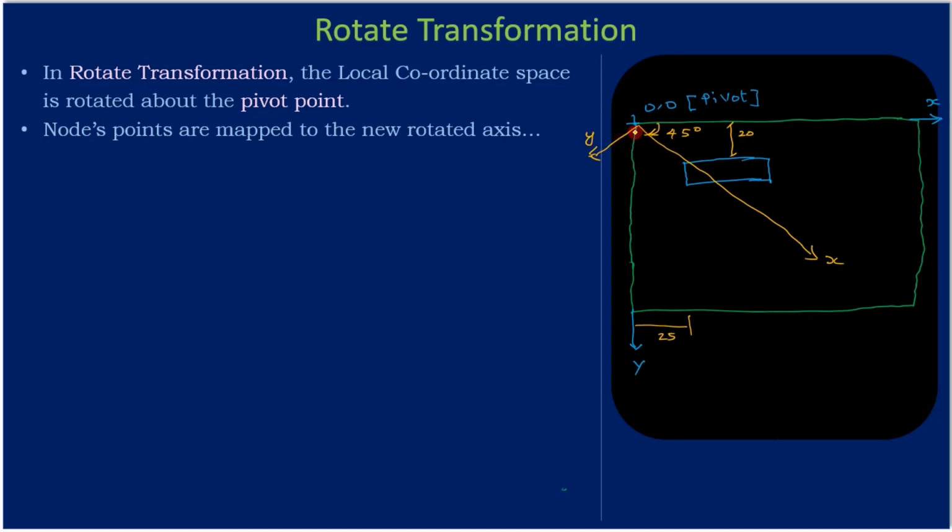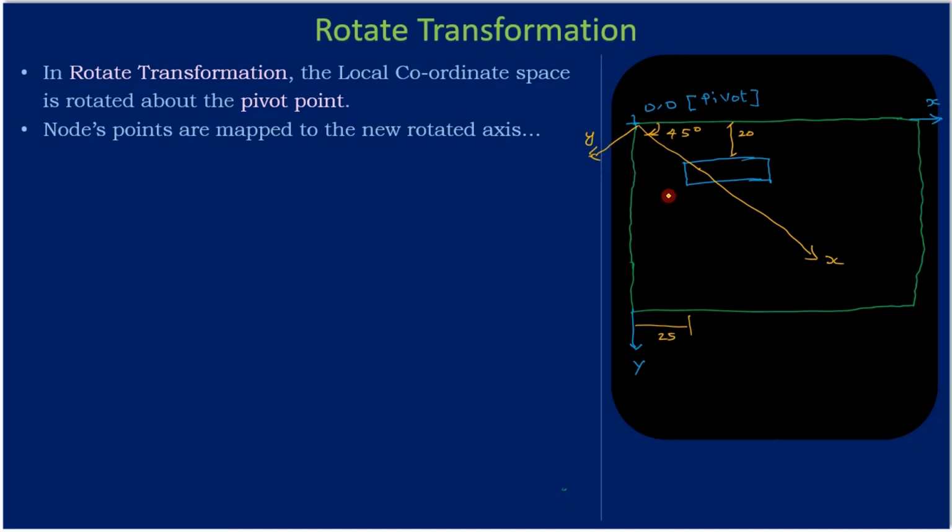coordinate space. Here you see the coordinate is rotated, then X 25, this is the X, the translated coordinate X 25, and in Y it is 20.